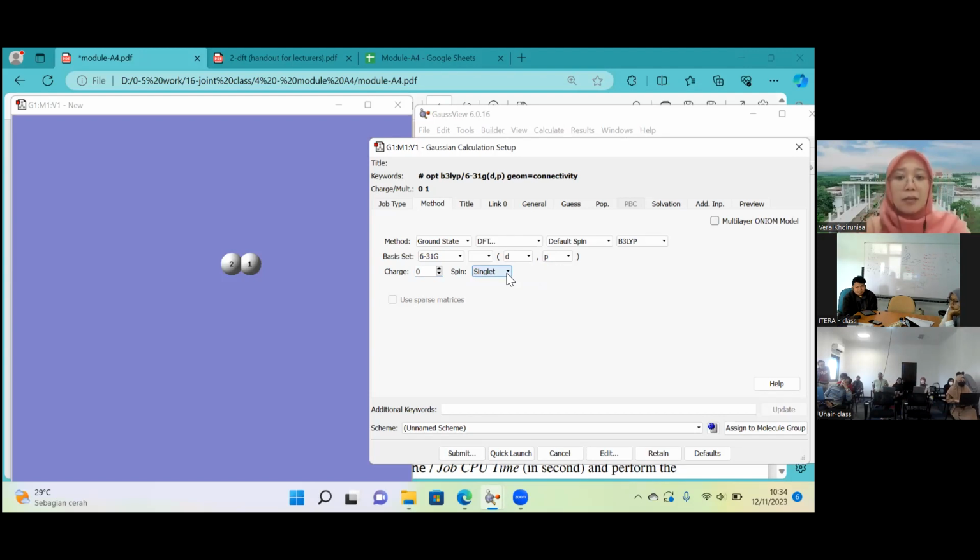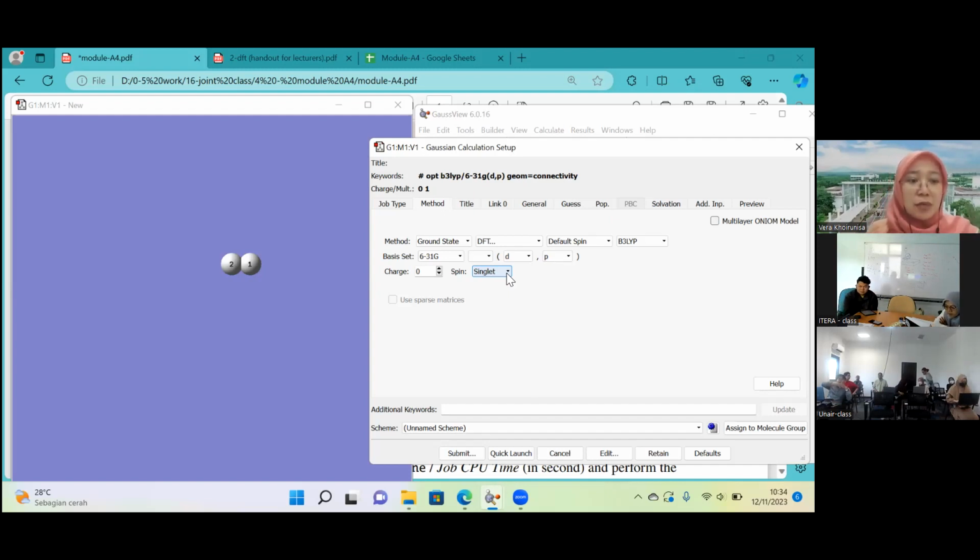I already calculated the optimization for a singlet, and I also performed the calculation for triplet. And I compared the total electronic energy, and I found that the singlet has the more negative electronic energy.